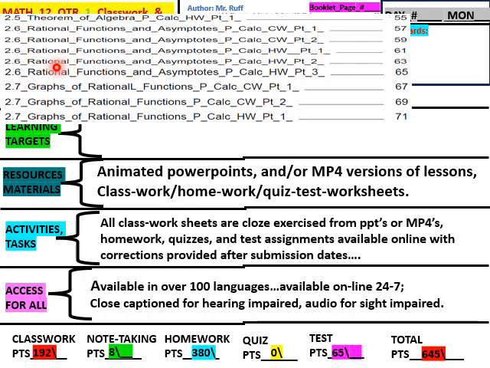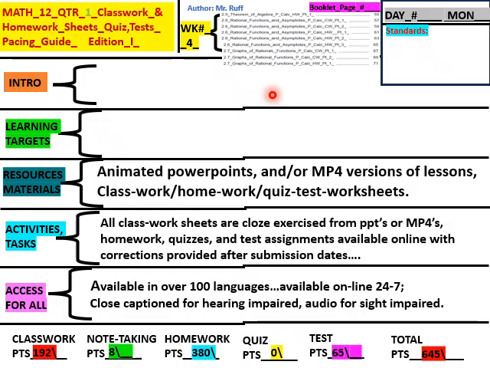And then 2.6, rational functions and asymptotes, homework part 1, part 2, part 3. And then we go into 2.7, graphs of rational functions, classwork part 1, part 2, and then 2.7, graphs of rational functions, pre-calculus homework part 1. So this is what we will cover this week, week 4.